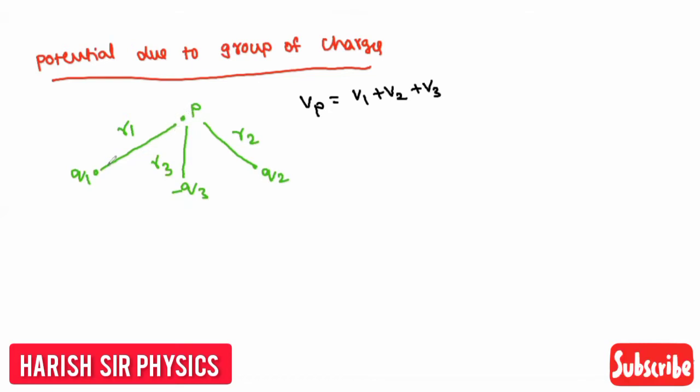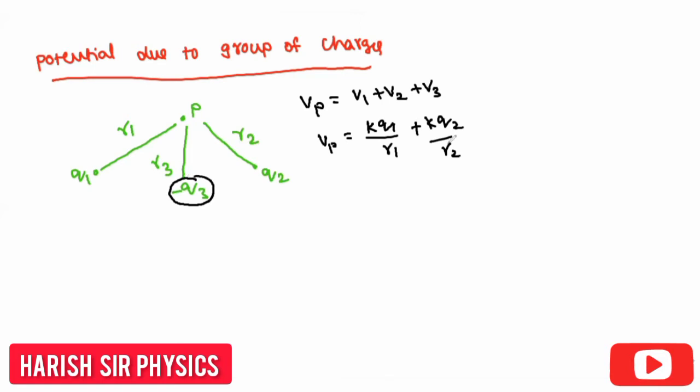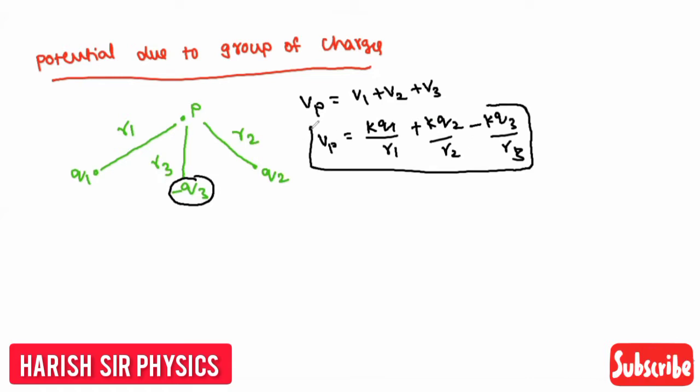V1 is due to the charge Q1 at the point P, V2 due to charge Q2 at the point P, V3 due to charge Q3 at the point P. Vp is equal to KQ1 divided by R1 plus KQ2 divided by R2, and this charge is negative, so that is the reason for minus KQ3 divided by R3.